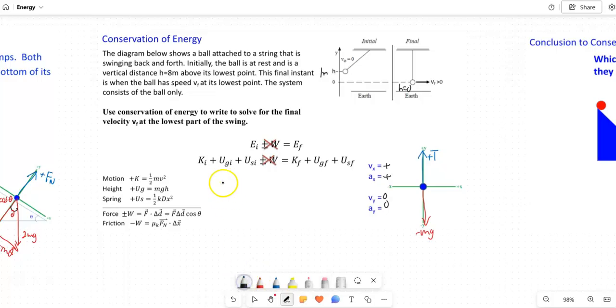And so let's go ahead and start our little process. We've written out our equations. The ball's at the top here, and it's not moving. It does have potential energy due to gravity, and no springs are touching it. In the end, it is moving. Its potential energy due to gravity is 0 because it's at the bottom of the swing and no springs are touching it.